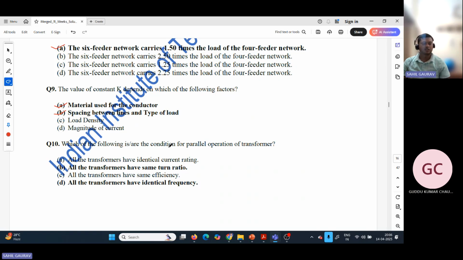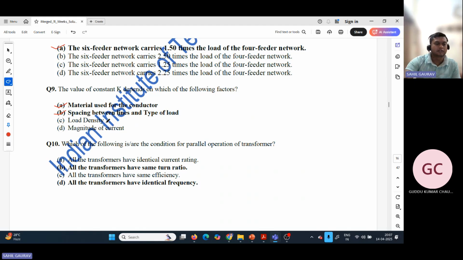Yes, it is the characteristics of the line, so it does not depend upon the load density. Load density, it does not depend, right? Yes, sir.